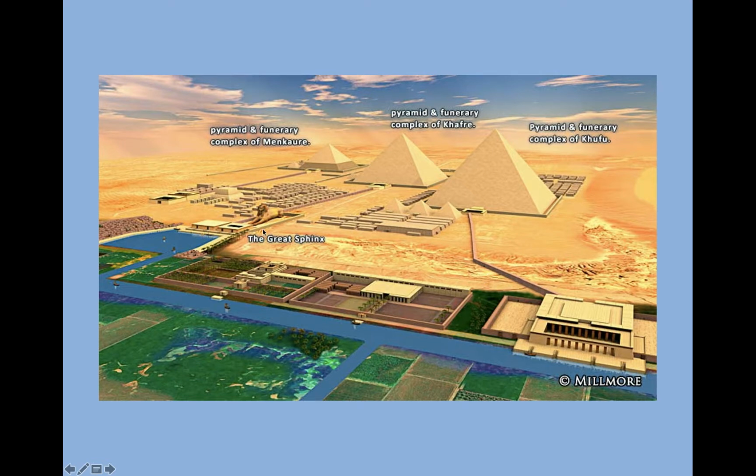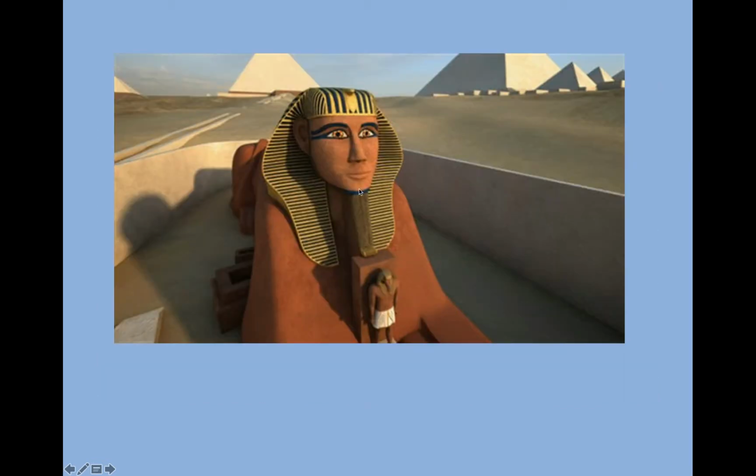We're also going to talk about the Sphinx, which is out in front of the middle one, the tomb of Khafre, and they believe that this is what the Sphinx would have looked like at the time that it was constructed. It would have been built what is called in situ, in place, which means in the place where it is, from a single block of stone.